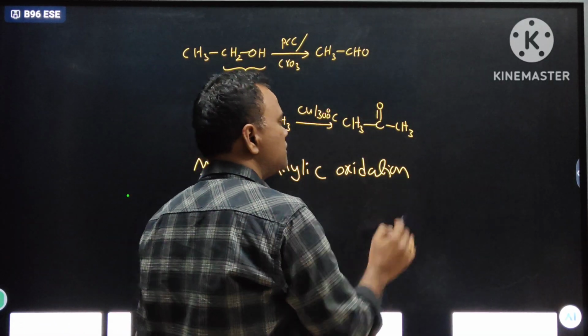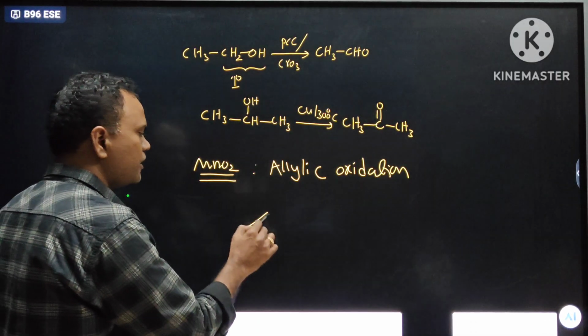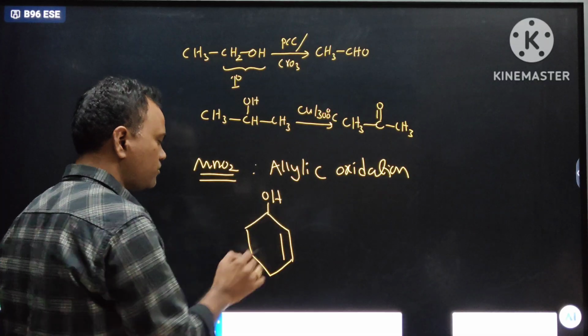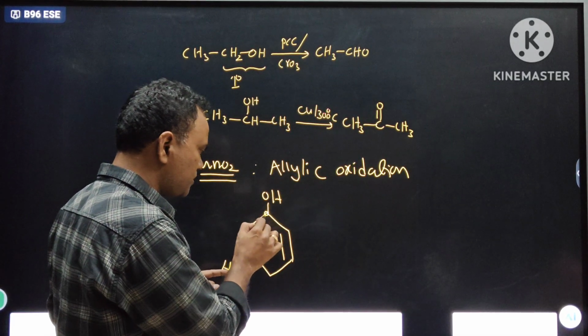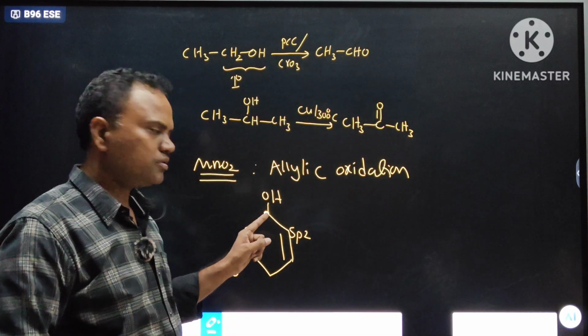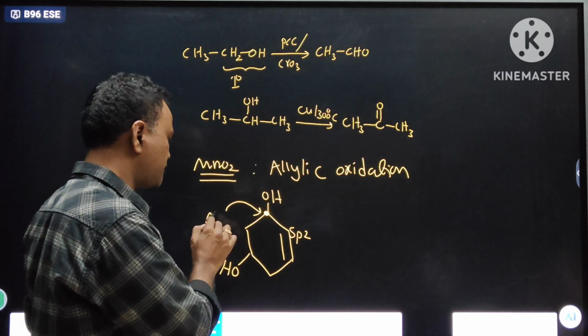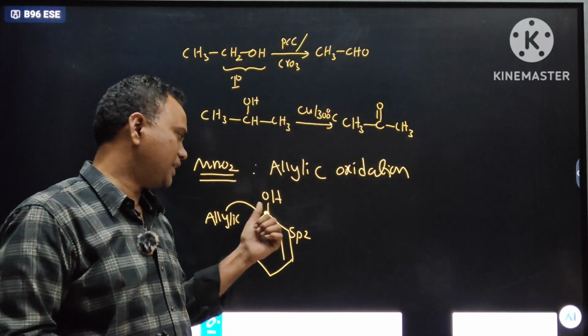The OH group present in the allylic position is oxidized by MnO2. See, allylic alcohol and non-allylic alcohol. Here we have two alcohols. What is allylic position? The sp3 position which is next to sp2. This is sp2, this is sp3. This is the allylic position. In the allylic position, alcohol is there, so this is allylic alcohol.